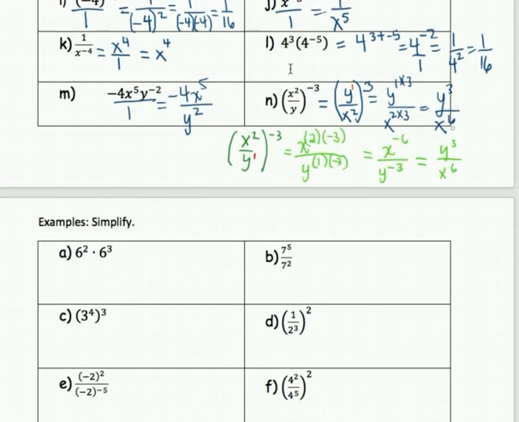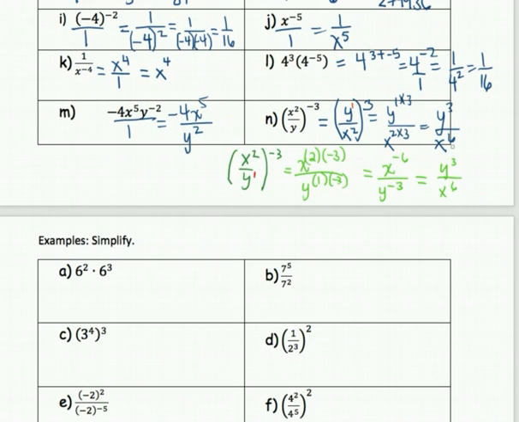So even with L here, I'll just do that L. Okay, so this was N again. I'm going to do L here. We have 4 to the 3 times 4 to the negative 5. Okay, so there it is.